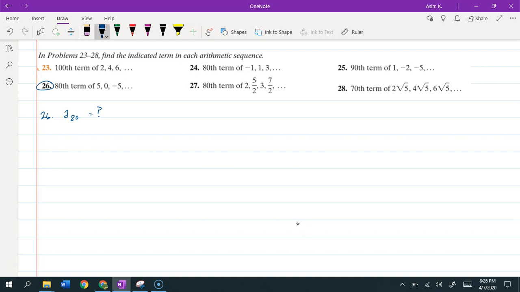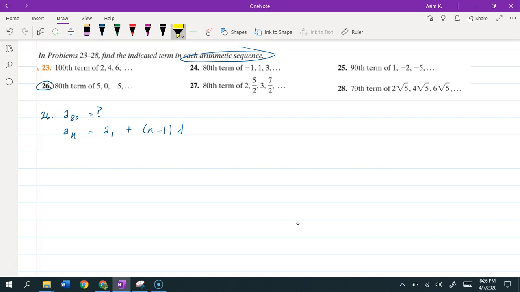So a sub 80 is what we're trying to figure out. They're telling us this is for sure an arithmetic sequence. The first thing you have to realize is that there is no way to find the term until you set up the formula and get its components.